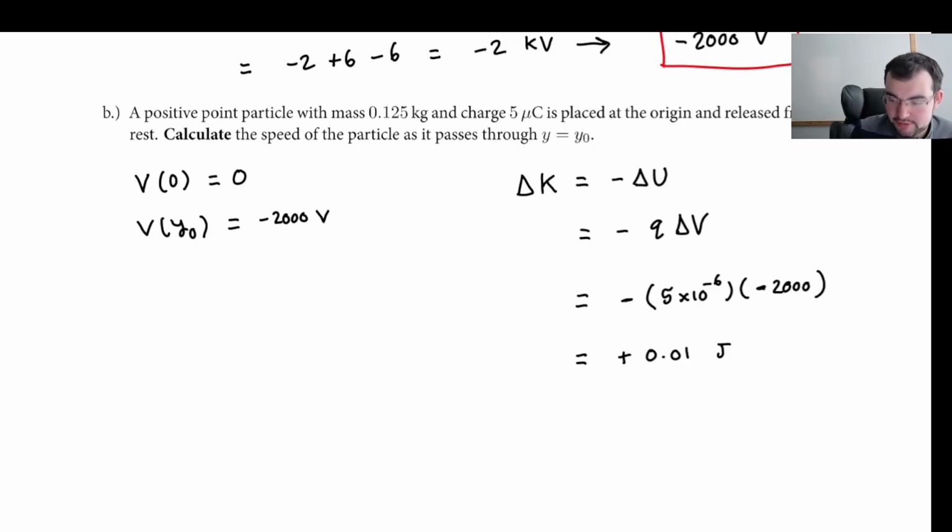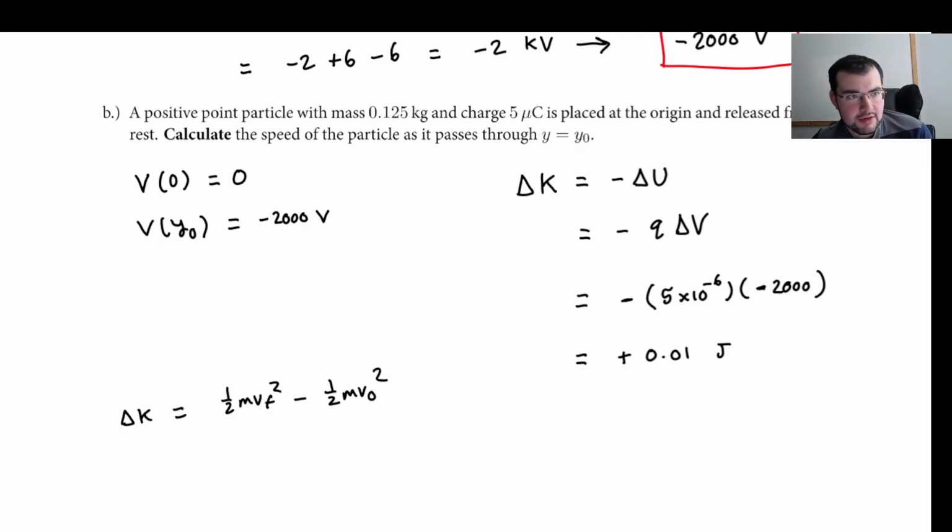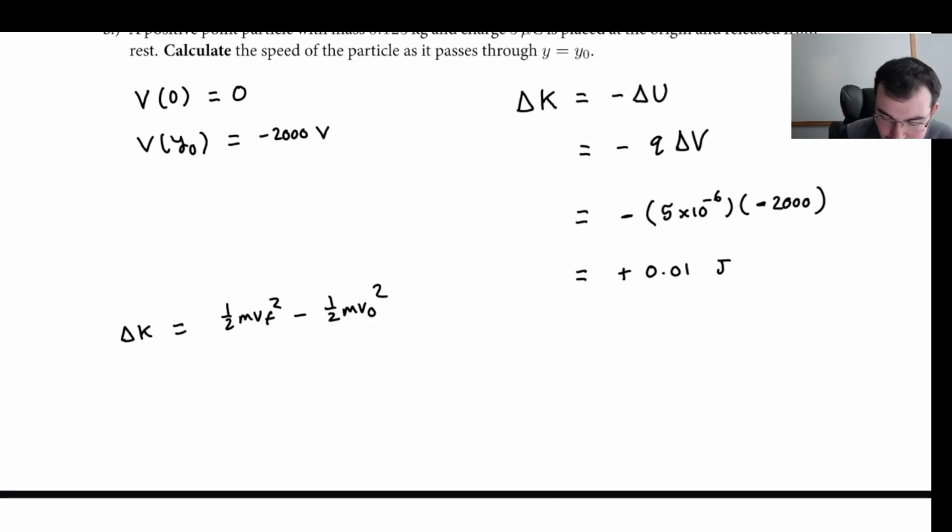And then we just use the fact that delta K is equal to 1/2 mv squared at the end minus 1/2 mv squared at the start. We are given this particle starts from rest, so we know that there's no initial kinetic energy. So our final velocity is just the square root of 2 times delta K divided by m.